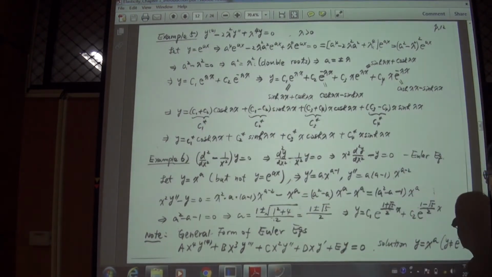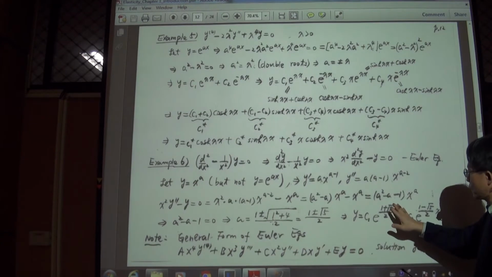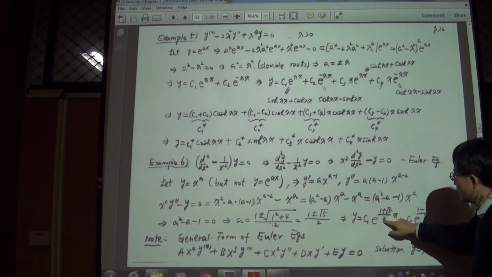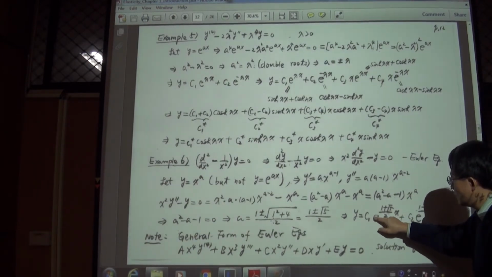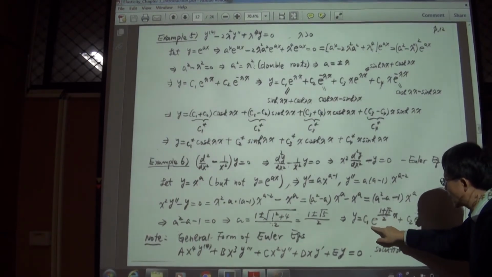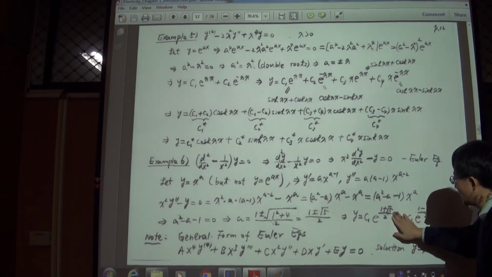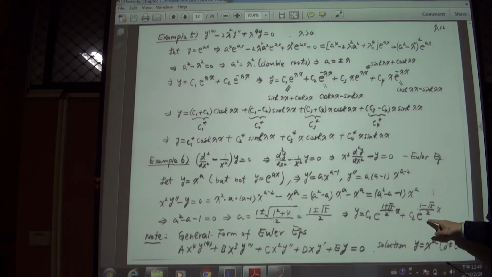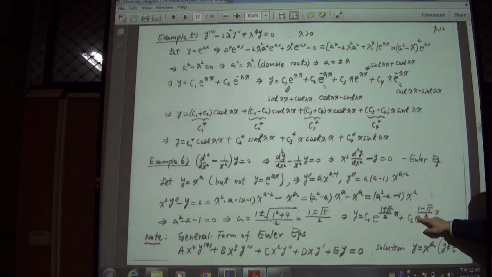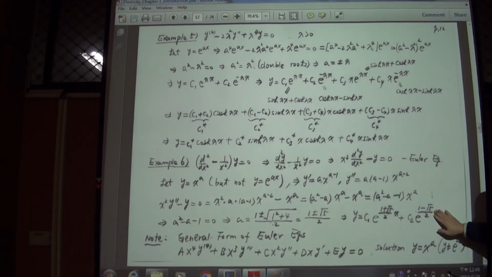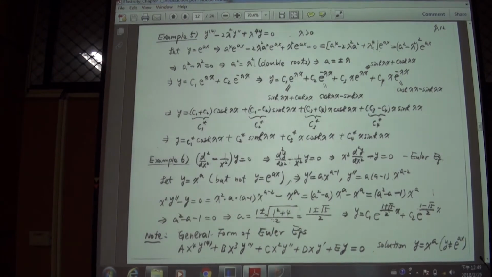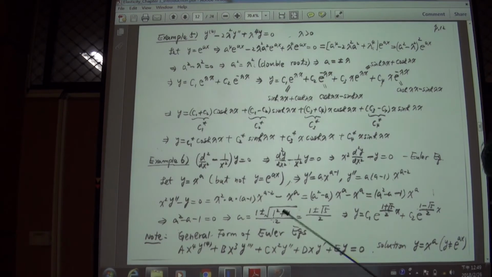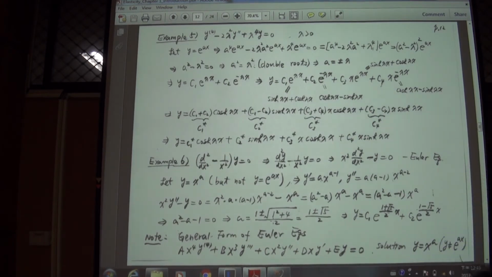So please do it like this: y equal to C1 x to this power, and then plus C2 x to the other power. Sorry for making such kind of mistakes.